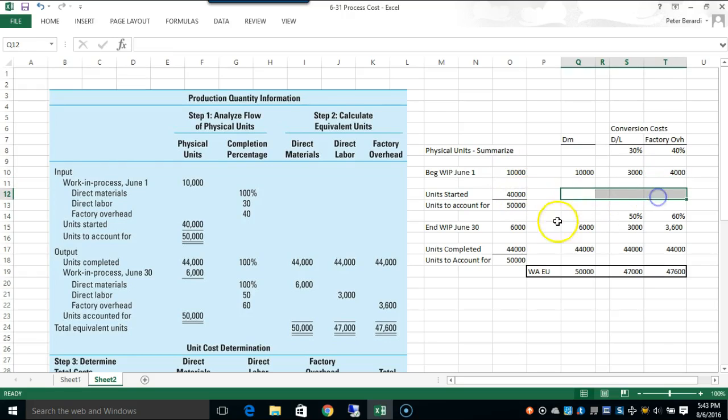Now, to get the units started, we know that the units to account for have to equal the units to account for on the bottom. So, you might as well just put in the totals so you don't make a mistake.